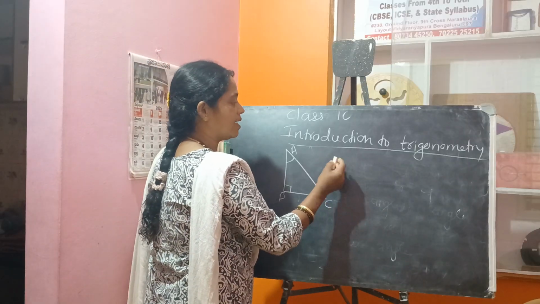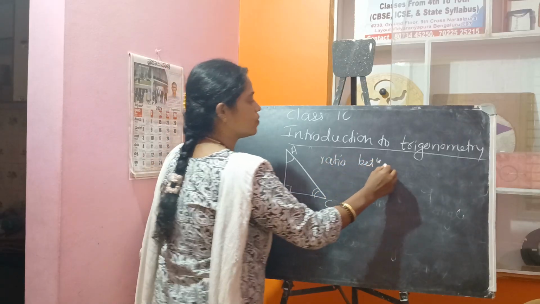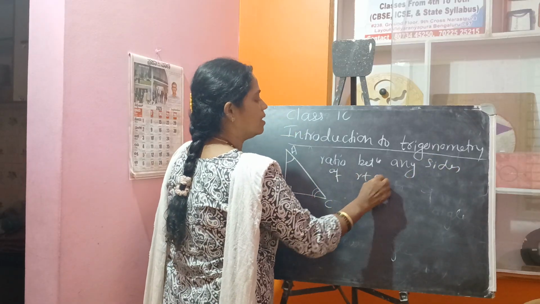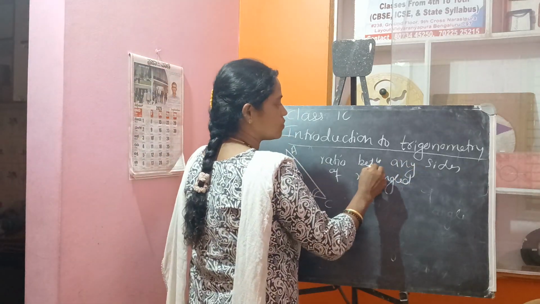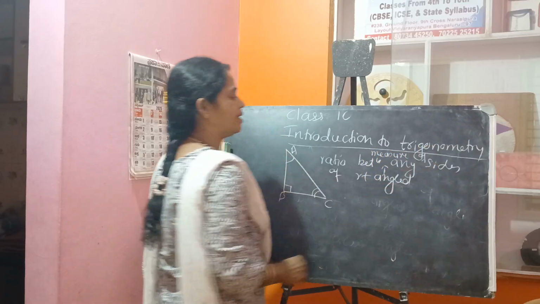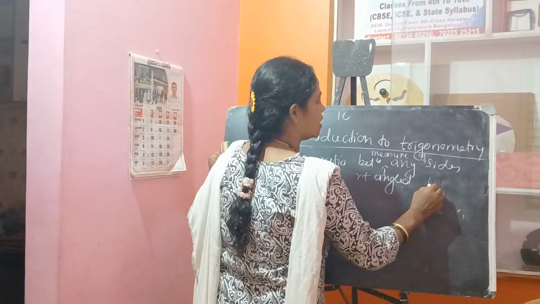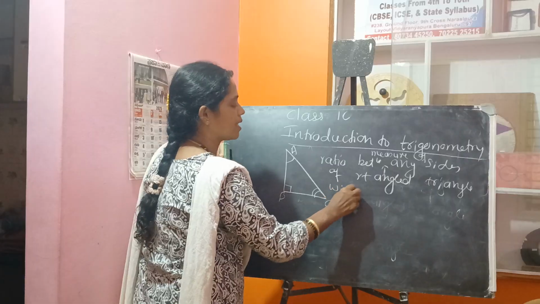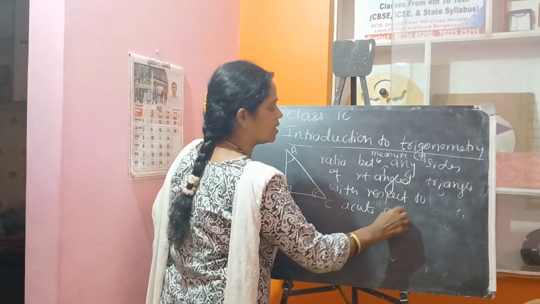I will write the definition of trigonometry here. It is defined as a ratio between the measure of any two sides of a right angled triangle, related to acute angles or with respect to acute angles only.